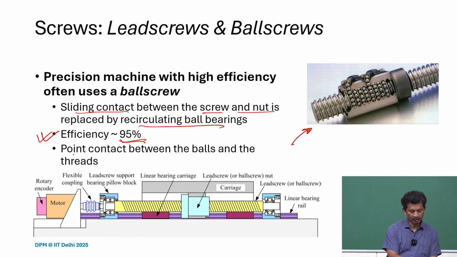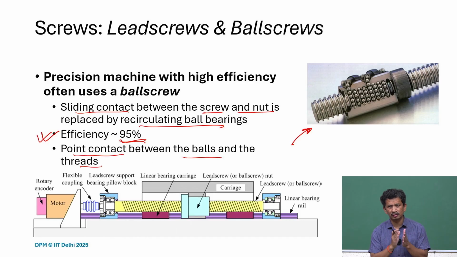There is a point contact, and that is the limitation, because there is a ball and the thread, the contact is point contact, and of course then we have to understand how we select the bearing. Likewise, when we select ball screws, we have to take care of that.